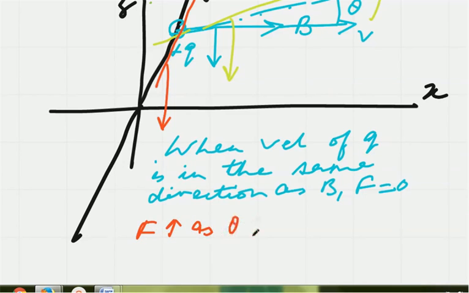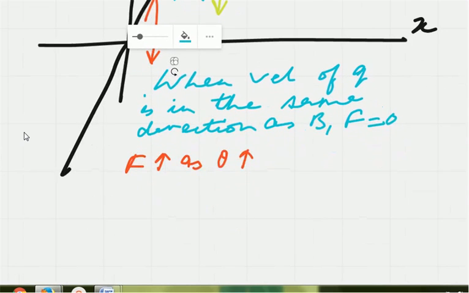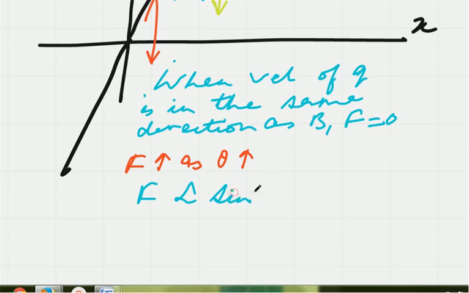Force is 0 when theta is 0. So this means that force is proportional to sine theta, because force is 0 when theta is 0, and sine 0 is 0, and force is maximum when theta is 90 degrees, where sine is maximum. So force is proportional to sine theta.